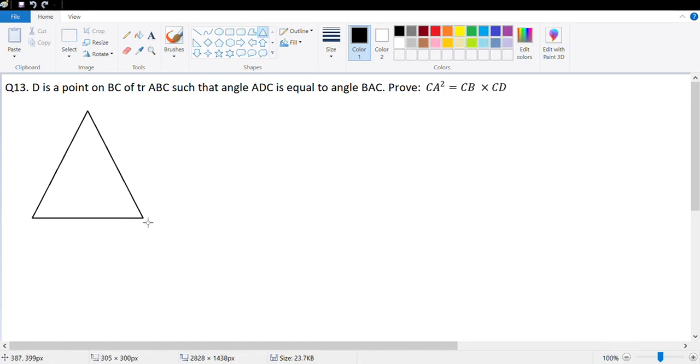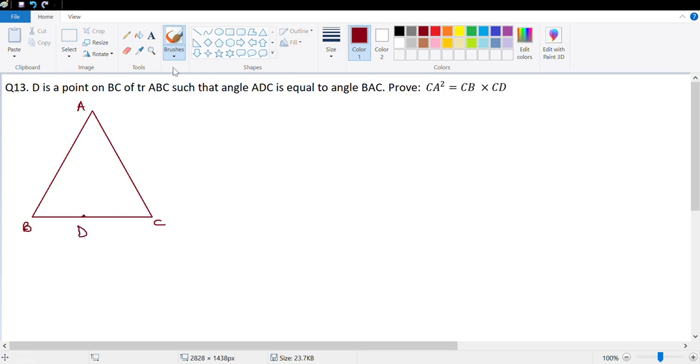This is our triangle ABC, with point A, point B, point C. D is a point on BC such that angle ADC is equal to angle BAC, the big angle here. Prove CA square is equal to CB multiplied with CD.